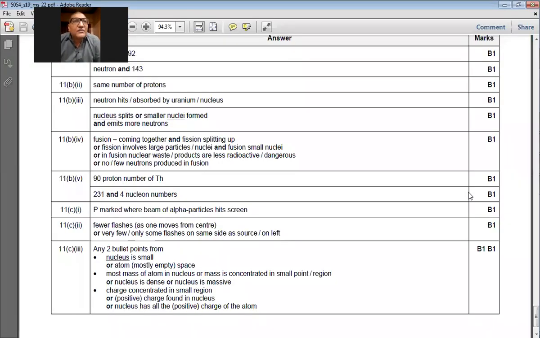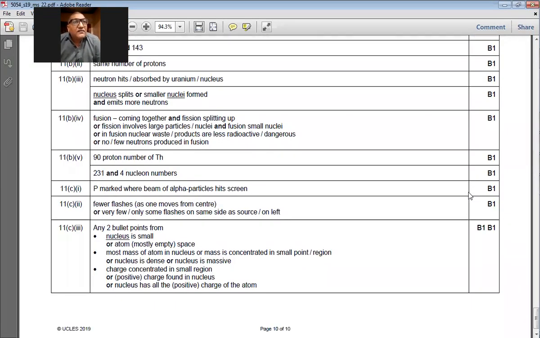But let's check the marking scheme first. You see question number 11B, fourth part. Fusion coming together and fission splitting up, or fission involves large particles, nuclei, and fusion small nuclei. In fusion, nuclear waste products are less radioactive, dangerous, or no few neutrons produced in the fusion. Okay, so I think the answer we wrote is the best answer.